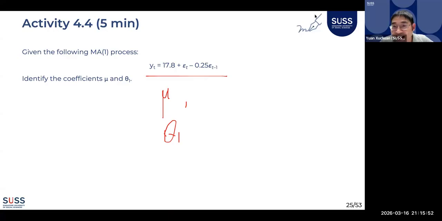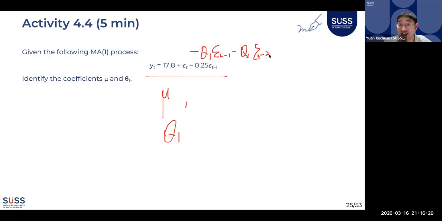Correct. Okay. And remember our definition of the MAQ model: we use minus theta 1 times epsilon t minus 1, minus theta 2 times epsilon t minus 2. Okay, so this theta will be 0.25.